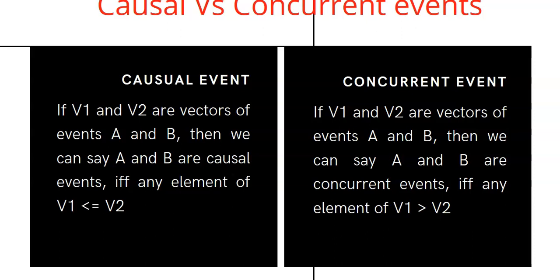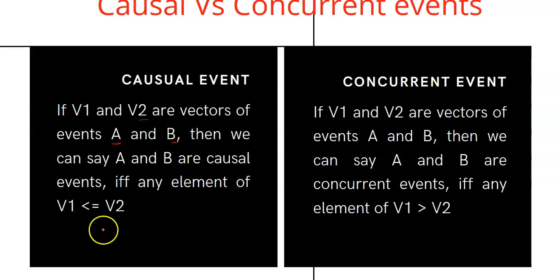Take two vectors, V1 and V2. If V1 is the vector of event A and V2 is the vector of event B, then we can say, if and only if every element of V1 is less than or equal to V2, then A and B are causal events. If not, they are concurrent.